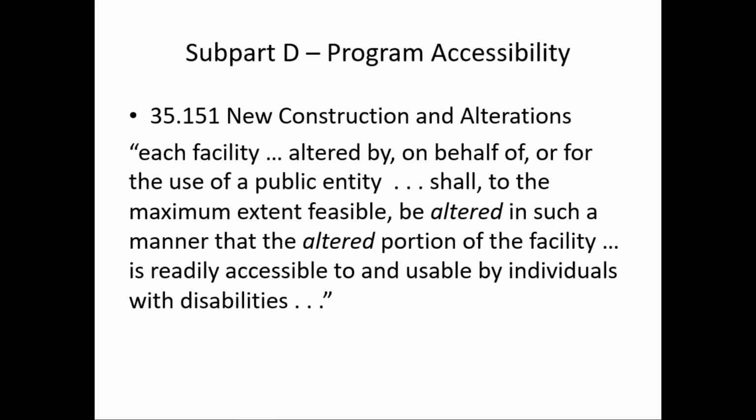And again, that's kind of the bottom line: public agencies' facilities, whether it's a permanent facility or an altered facility, like a work zone, must be readily accessible to and usable by individuals with disabilities.